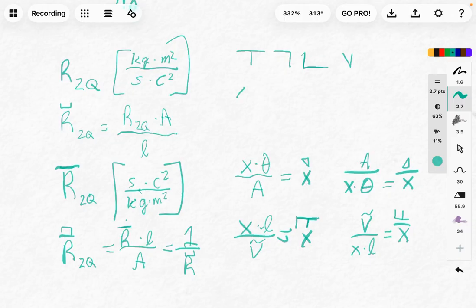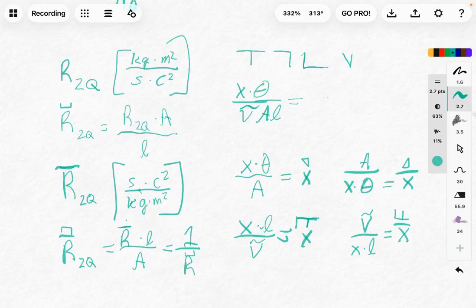So that'd be X over volume over an area over length times a theta.